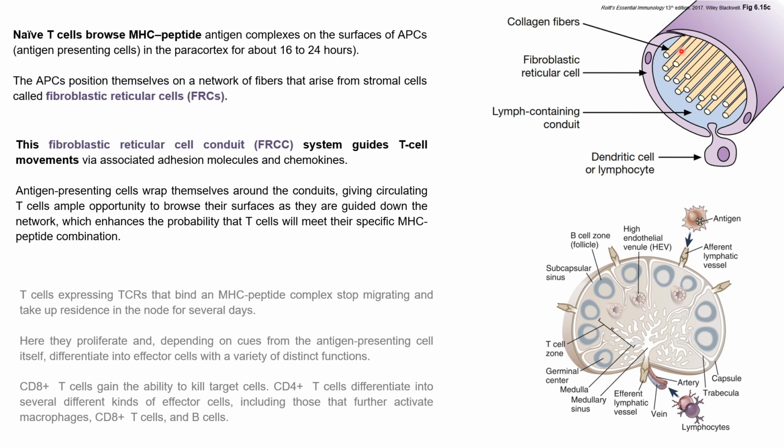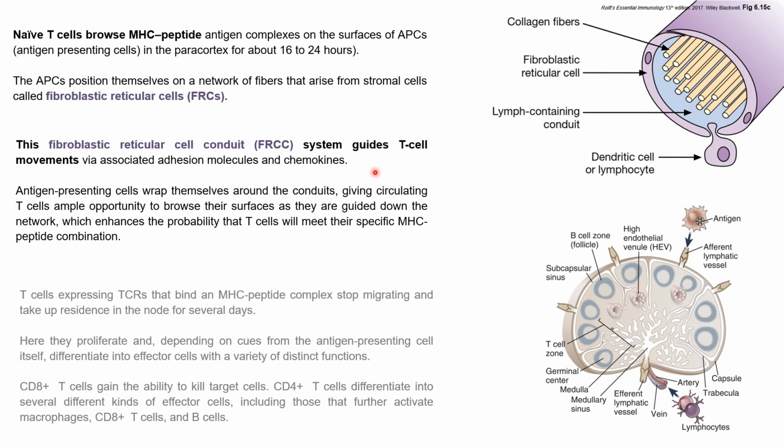The interesting thing about this physical architecture is that lymphocytes move along this structure, and dendritic cells actually extend processes through gaps in the fibroblastic reticular cells, forcing there to be a very large surface area for exposure of lymphocyte to antigen.